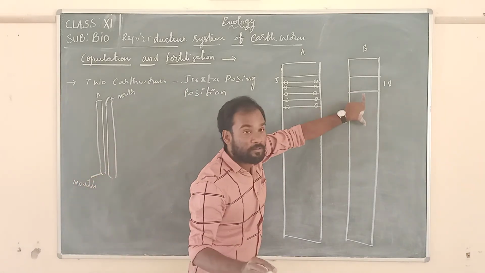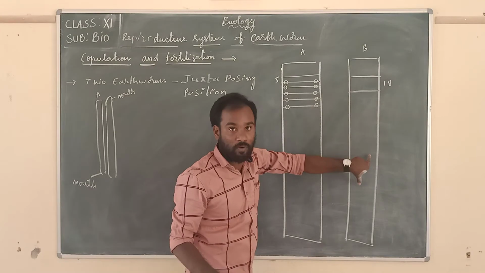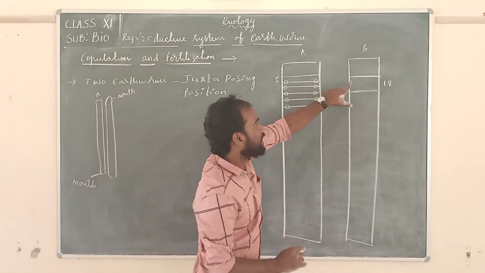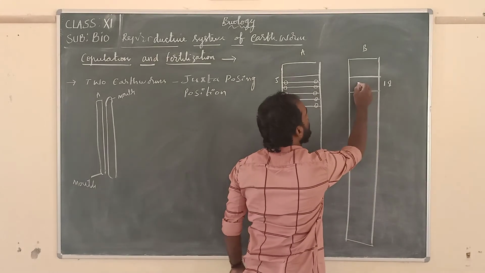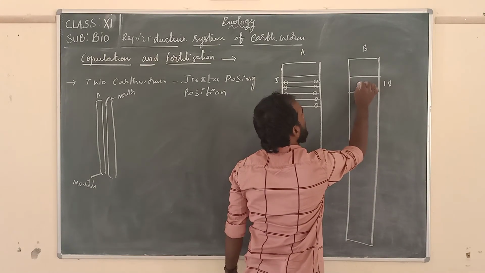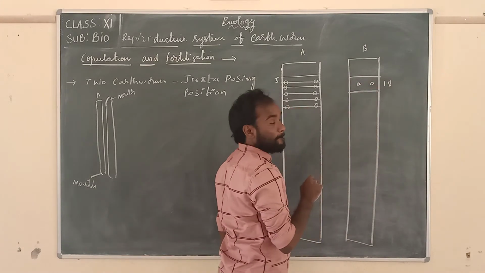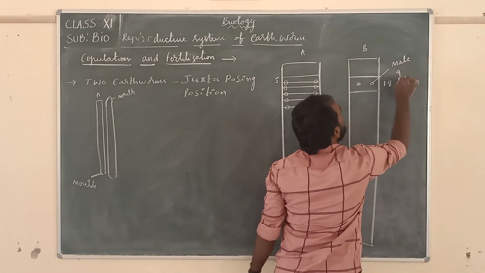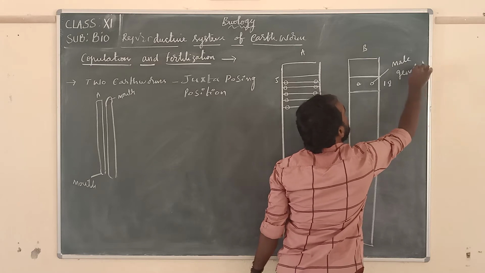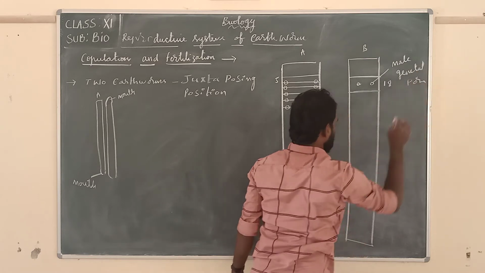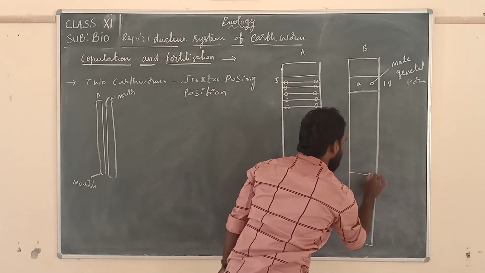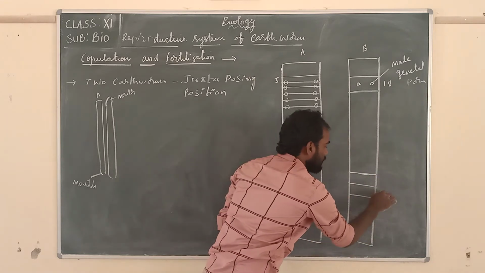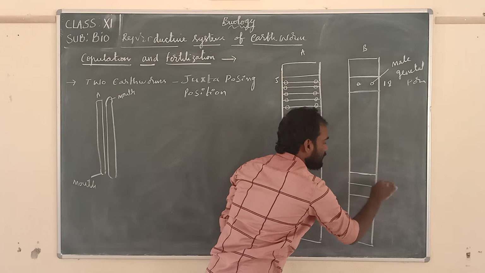I will draw the male reproductive system of this earthworm and I will draw the female reproductive system of this earthworm. This is the 18th segment. We know very well, here the male genital pore is present. Let us imagine this is the 10th segment, this is the 11th segment.